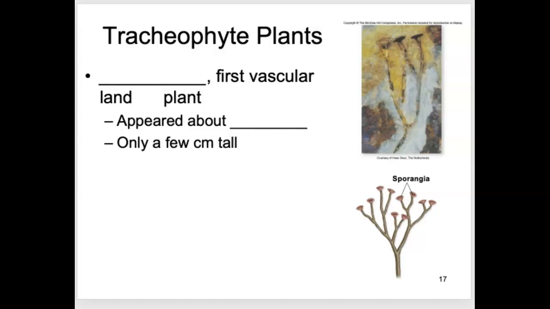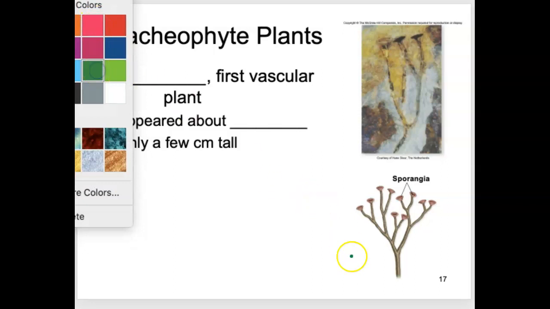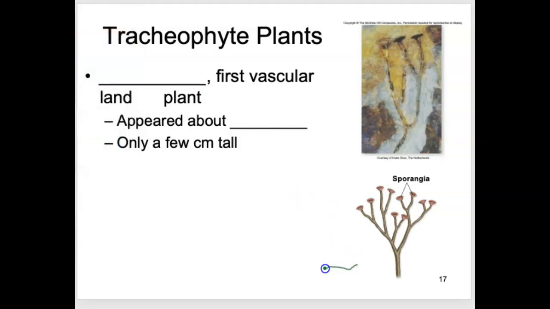So the earliest vascular plant to appear on land is this plant called Cooksonia. So you can think about it: if you have a liverwort growing here, or an ancestor of a liverwort, or maybe some moss, this stuff's only a couple centimeters, if that, in height.